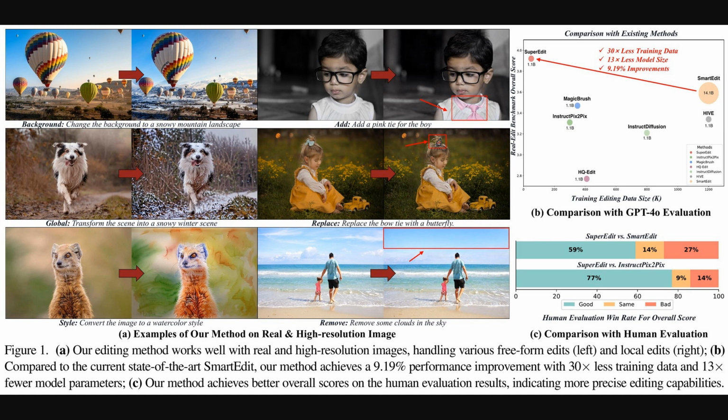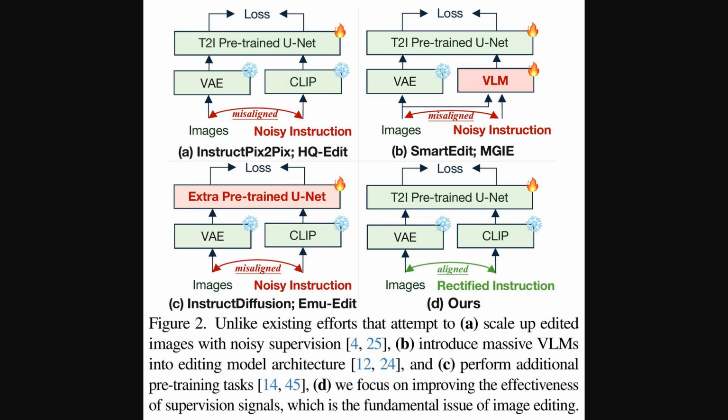Okay, so building on that idea of better learning, Figure 2 really illustrates different approaches. Diagrams A, B, and C show previous methods often using noisy instructions, where text commands do not quite match the edits, and they try to compensate with more data or complex model parts.